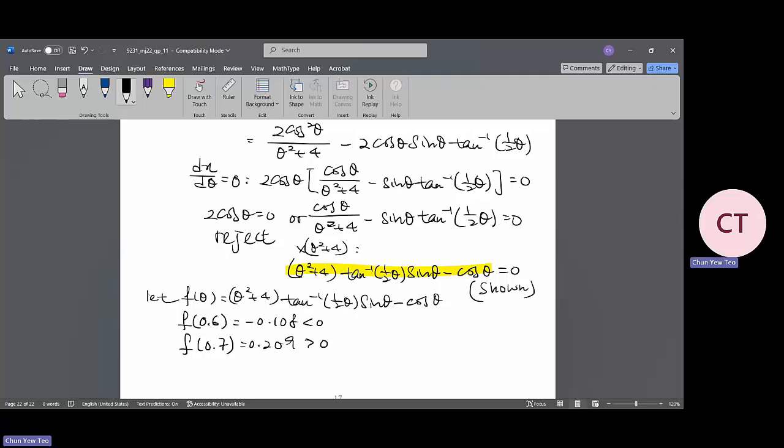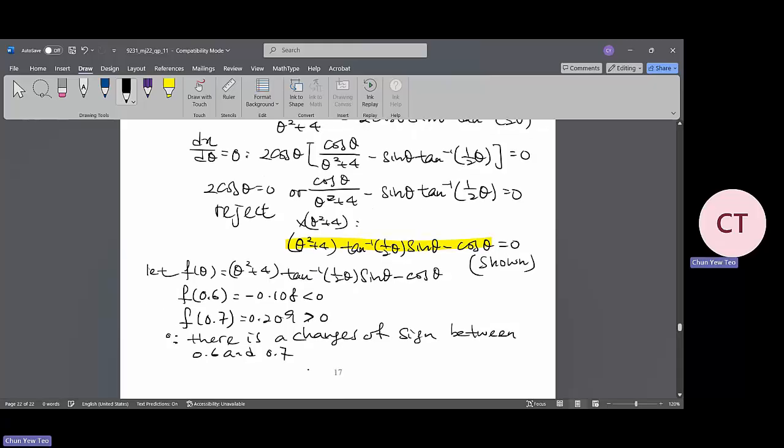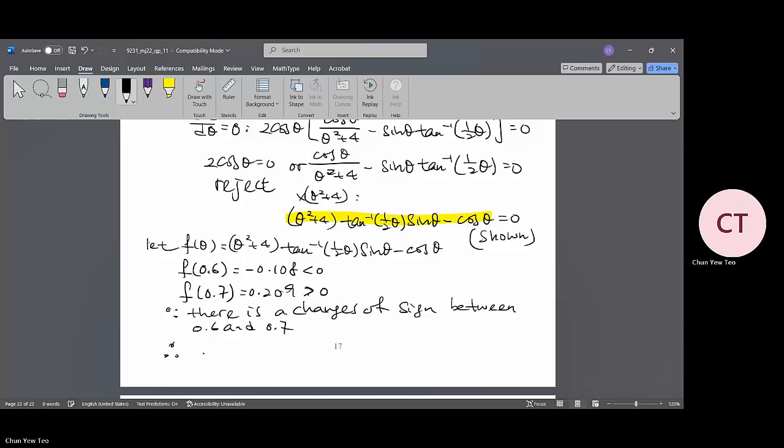Okay, so you can see that there is a change of sign. So just say that because there is a change of sign between 0.6 and 0.7, therefore the equation has a root between 0.6 and 0.7.